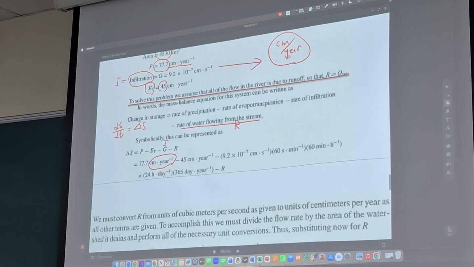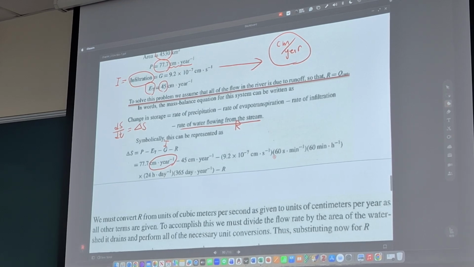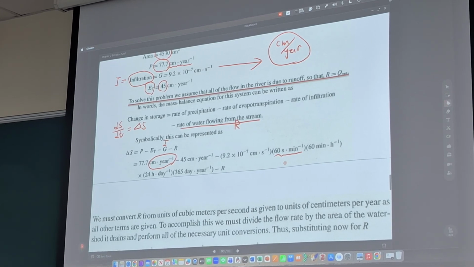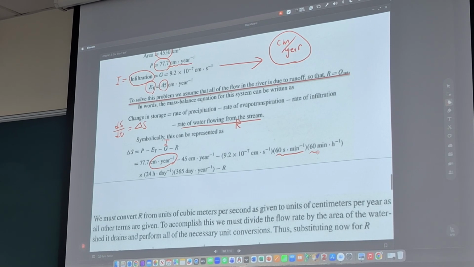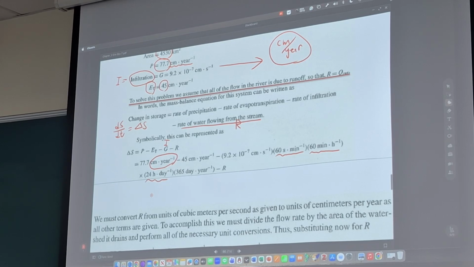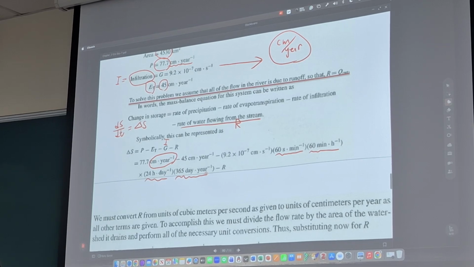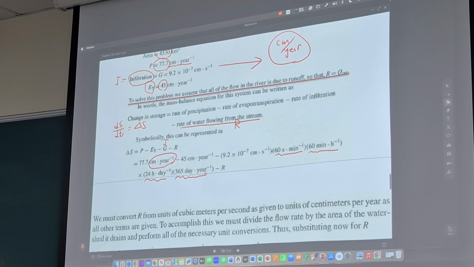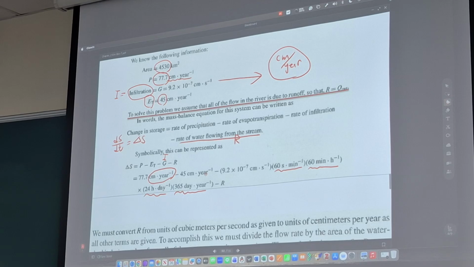That's the reason we need to type 60 to turn it into minutes, another 60 to turn it into hours, 24 to turn it into days, and 365 to turn it into years. Understand?